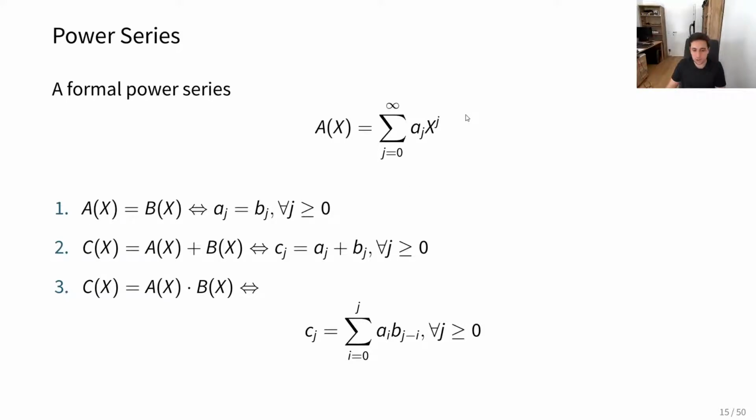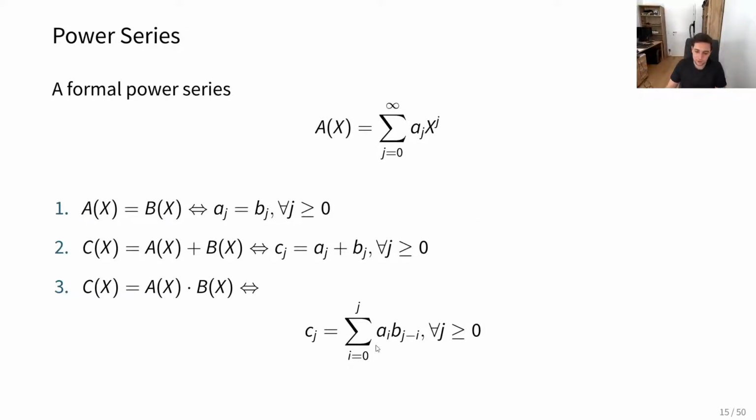Then we have the addition of two power series, A and B, which is the same as having a new power series with coefficient C, which is the addition of these two corresponding coefficients. And what we can also have is the product of two power series, and this is something you may be familiar with if you, for example, multiply two polynomials.